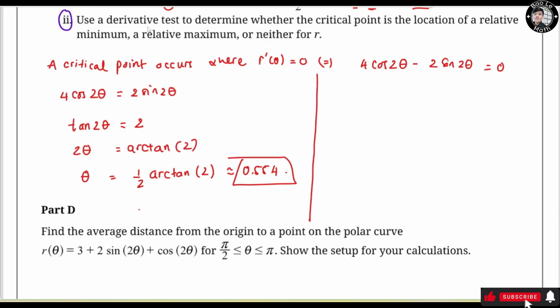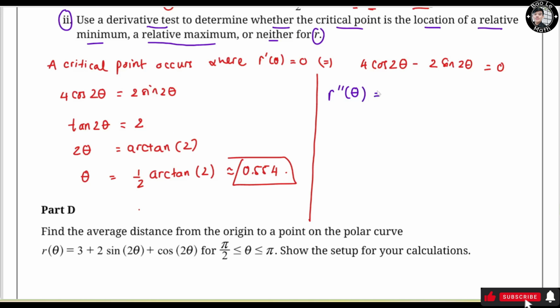Now question C part i. Use a derivative test to determine whether the critical point is the location of a relative minimum or relative maximum or neither for r. So we're going to take the second derivative of r of theta.